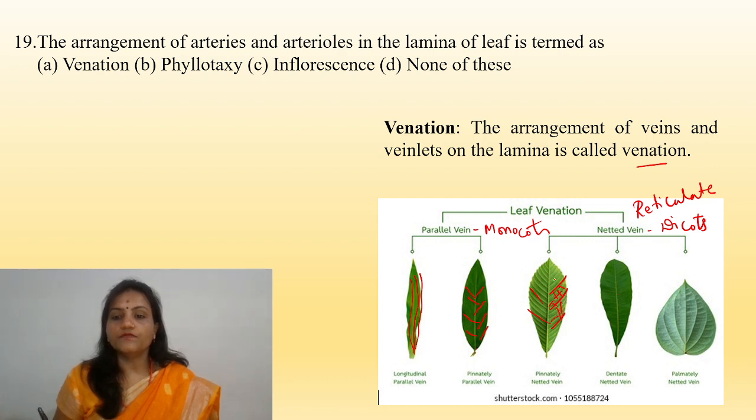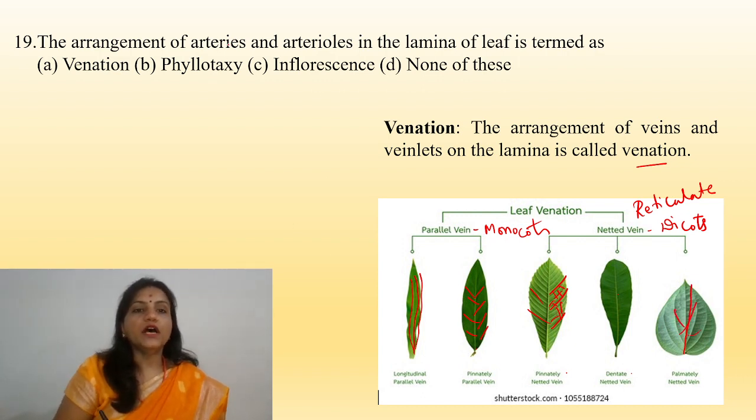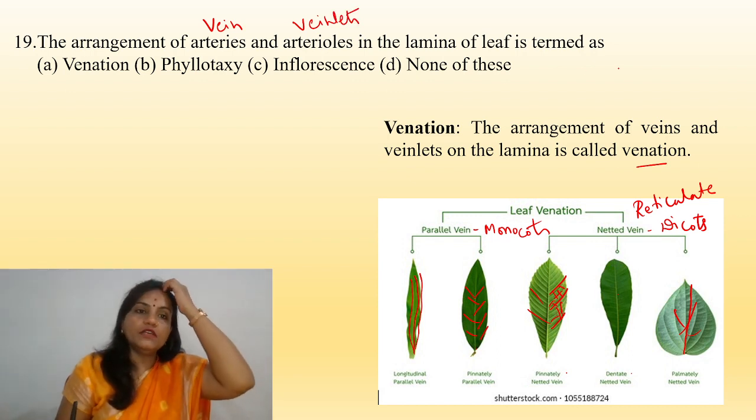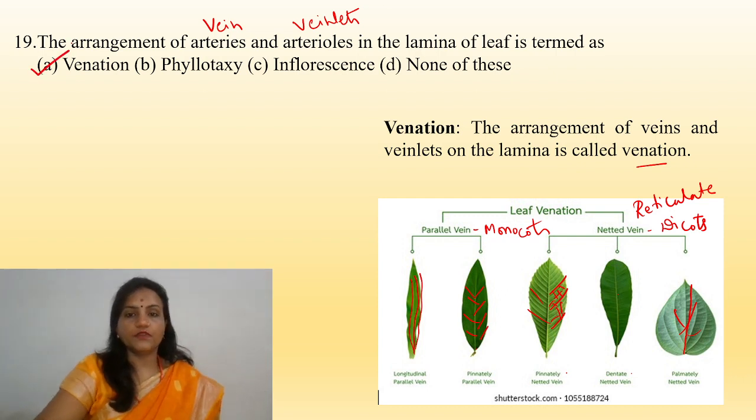This is pinnately netted and this is palmately netted. Palmately means that from here the veins are arising. So we do have different types. The arrangement of veins and veinlets in the lamina of leaf is termed as venation.